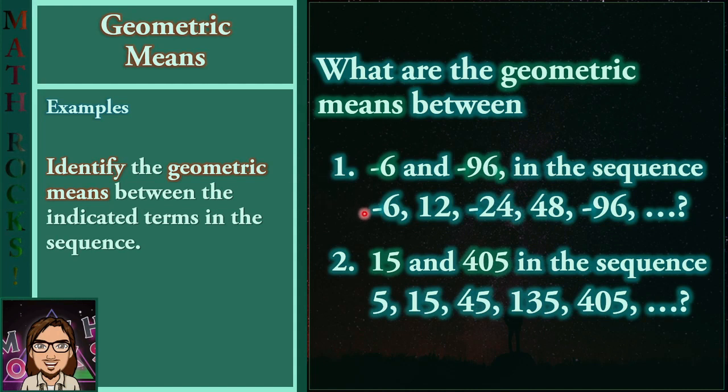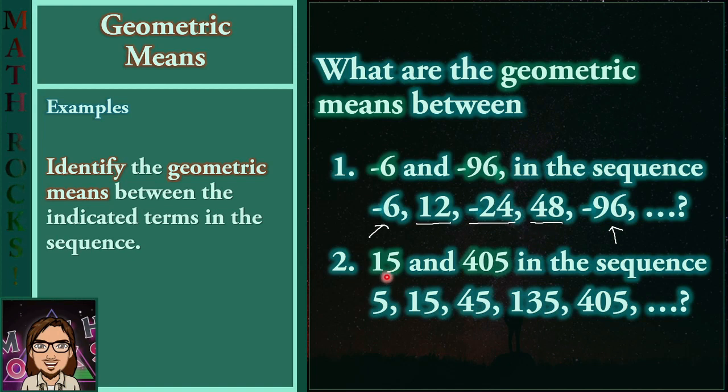We would like to locate the negative 6 and the negative 96 first in the sequence, and we have those terms here and the other one here. You may notice that there are three terms found between those two non-consecutive terms, and they are the geometric means, which happen to be 12, negative 24, and positive 48.